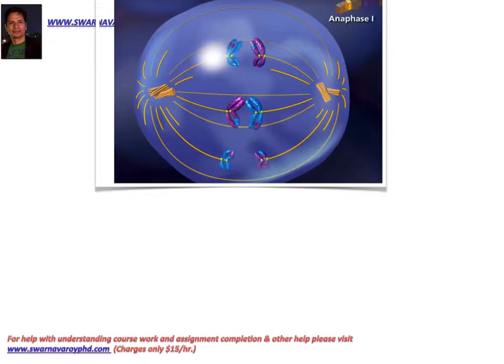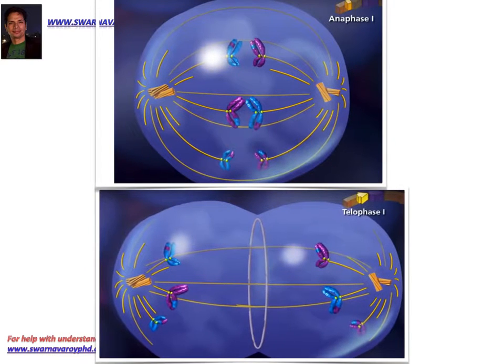Your brother might have blue, purple, and blue moving towards one pole, and you might have purple, purple, purple moving towards one pole. That explains why siblings look different and why we are not clones of our parents, and siblings are not clones. That's another level of permutation and combination happening.